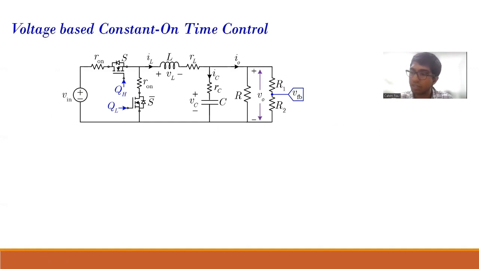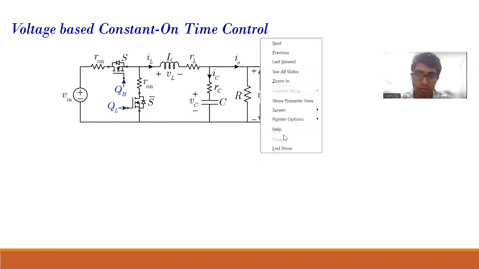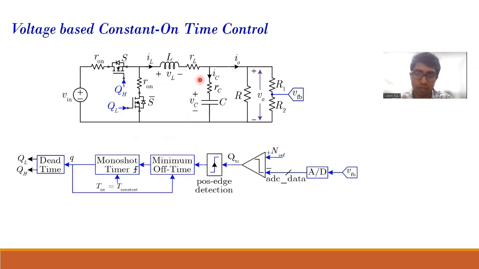So this is the normal diagram for a buck converter. And we want to do constant on time control. So what do you mean by constant on time?